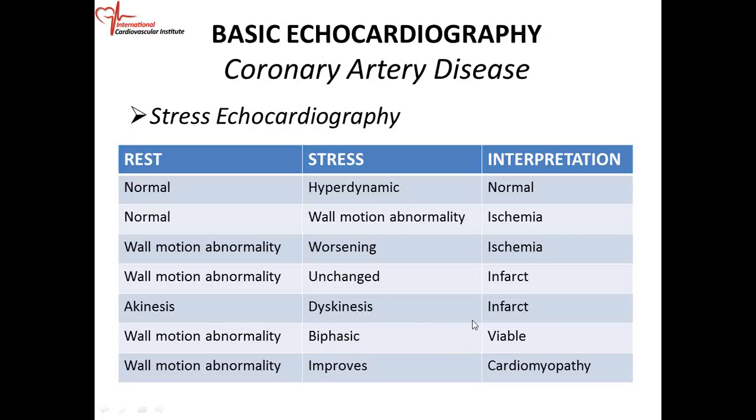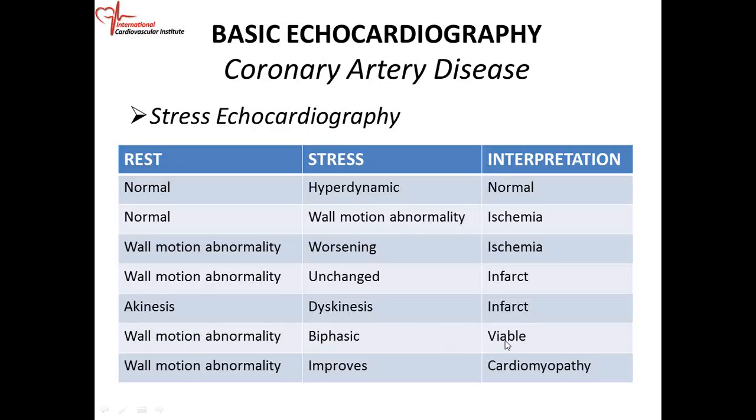It suggests that there's viable muscle, living muscle in that area. So when they talk about wall motion abnormality at rest and a biphasic response, you can only do this with dobutamine, and a biphasic response with stress suggests viable muscle. So that's going to be a question in a lot of your exams. Okay, so biphasic response with dobutamine suggests viable muscle.